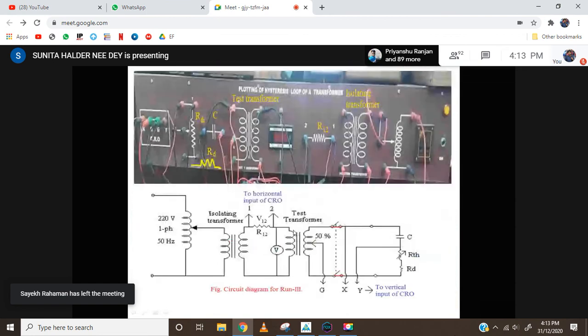Here the primary circuit, all the circuit is the same as for run 2. Only the oscilloscope input is changed. For the X plate, it will be V12. For the Y plate, it is VGY, with the condition, which we shall achieve before that, that VGY is leading VGX by angle theta. So this will be the only change.